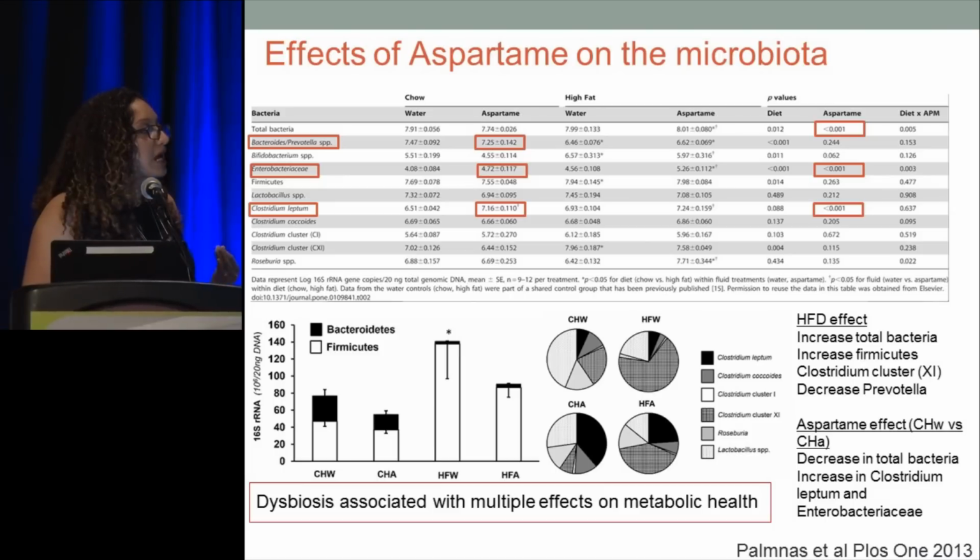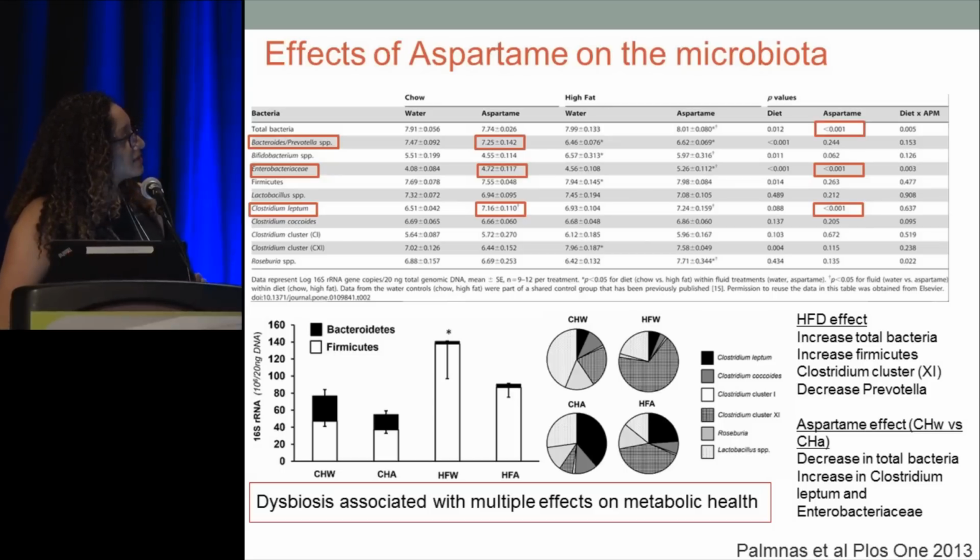Therefore, they were able to define alterations in the intestinal microbiota, and this was using 16S quantitative polymerase chain reaction, using primers that were specific to specific taxa, including Bacteroides, Bifidobacterium, Lactobacillus.